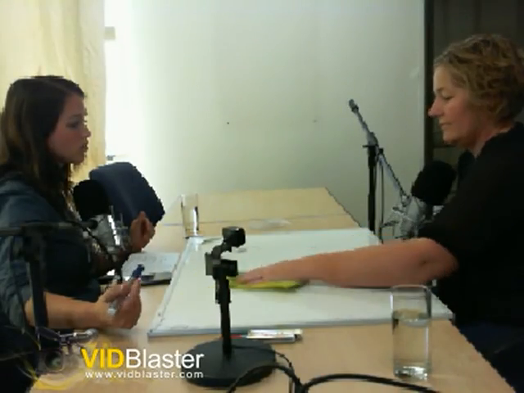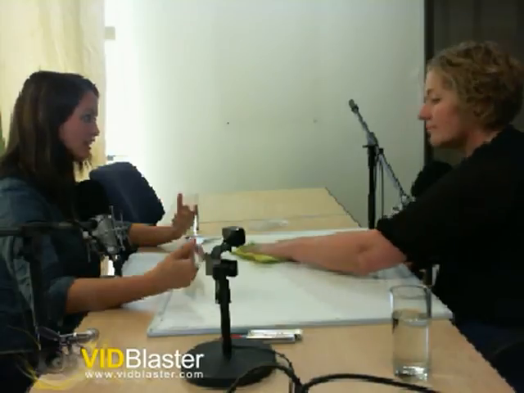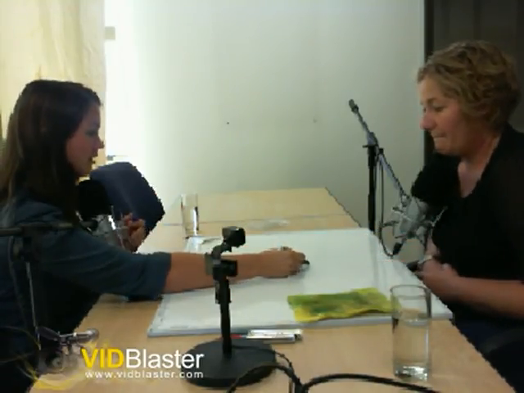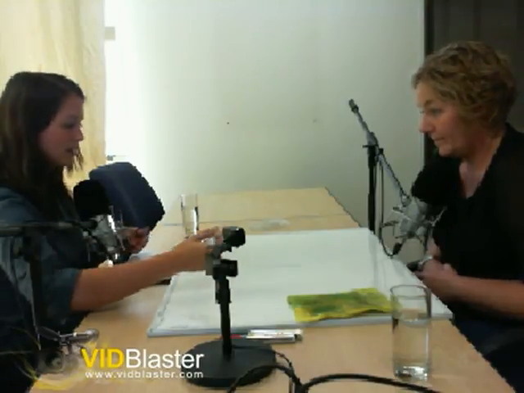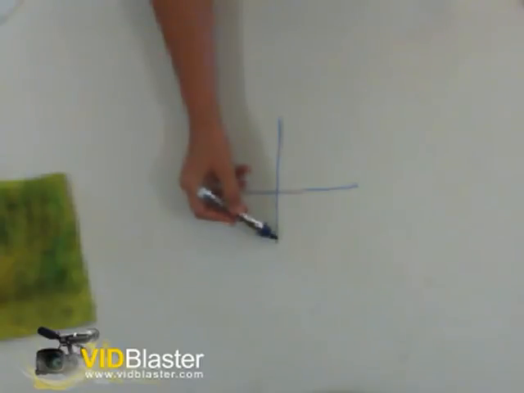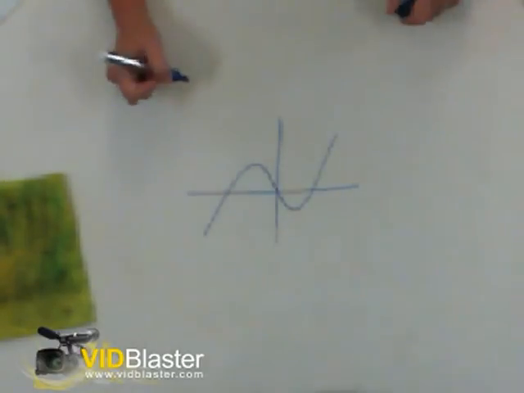Okay, I did see a really nice explanation recently about how to explain the point of inflection, not so much in real terms. I'm going to show you quickly what I found. So we have a cubic graph, something like that.